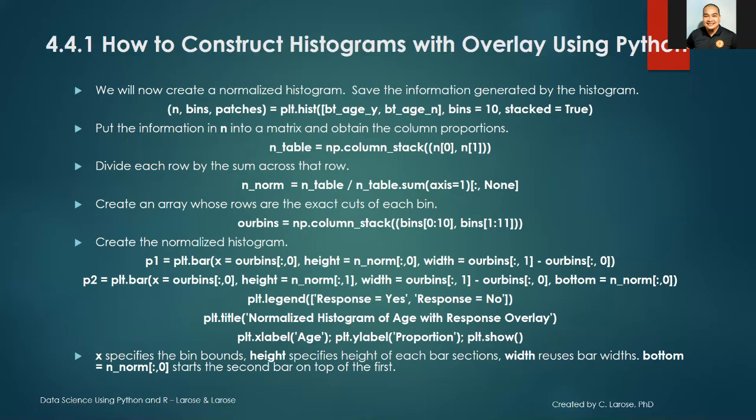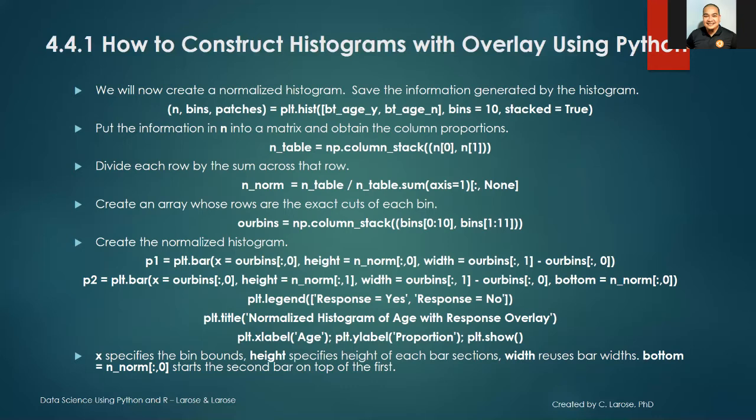Specifically, n is the height of the histogram bars and bins are the boundaries of each bin in the histogram. Note that since two variables are being plotted in the histogram, n has two series of numbers. The first series is for the first variable and the second one is for the second variable. The first number in each series is the height of the first bar for each variable.